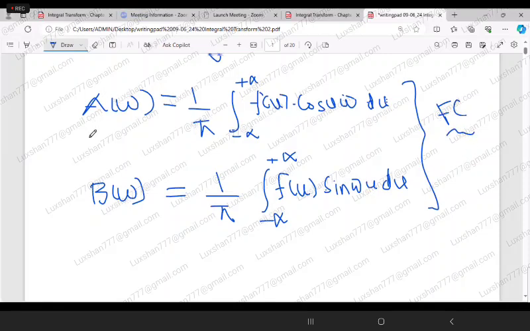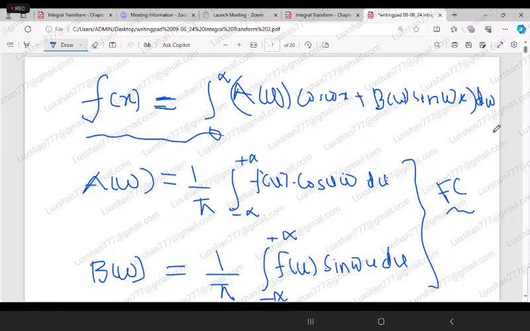These are called the Fourier coefficients, and this is called the Fourier integral representation of the function f(x).